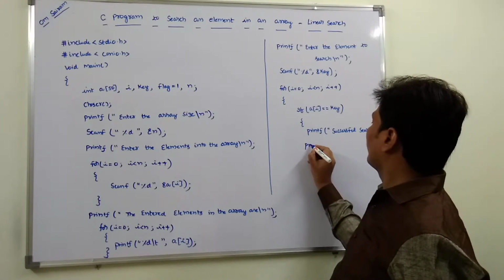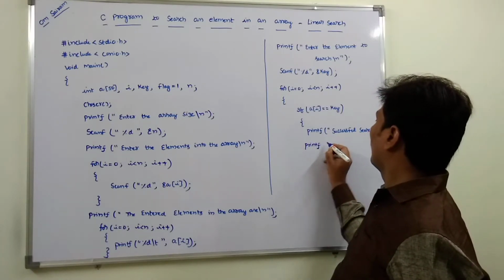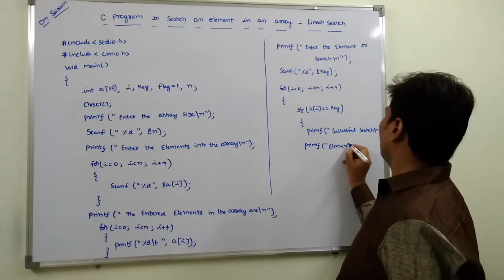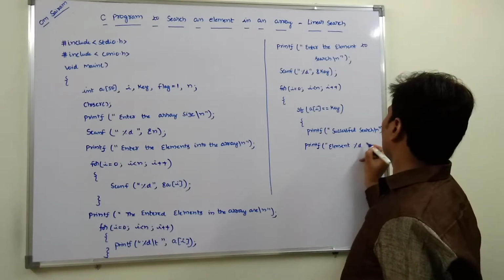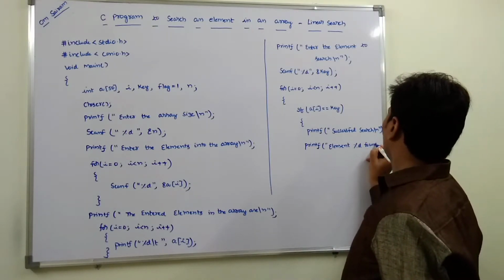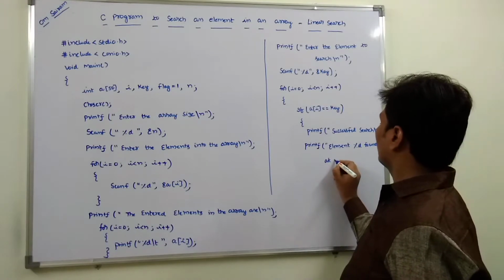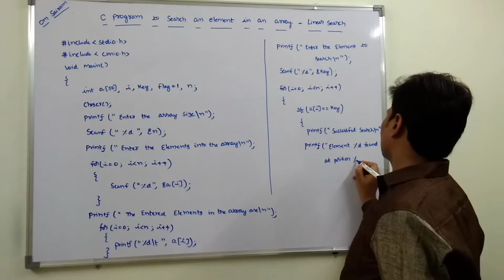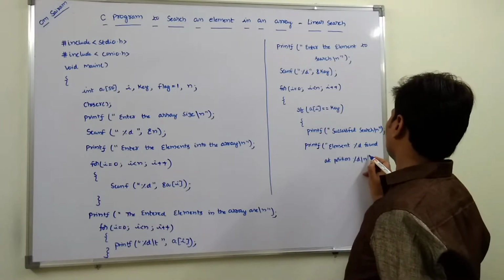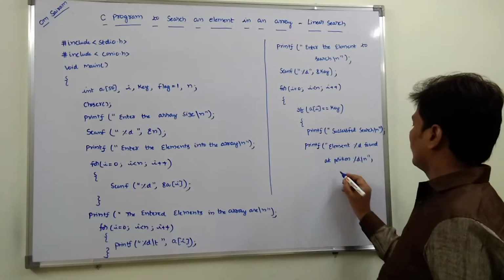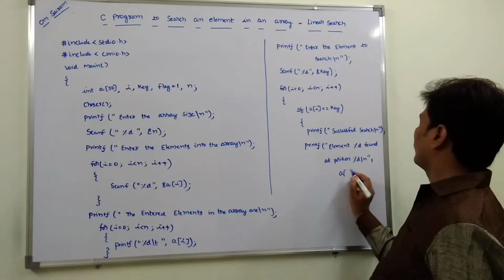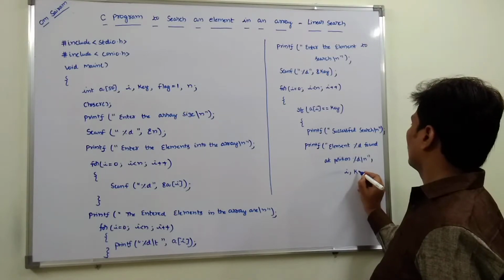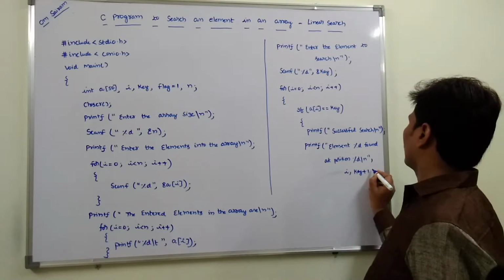Next, printf, "Element %d found at position %d\n", comma, key comma I plus 1.